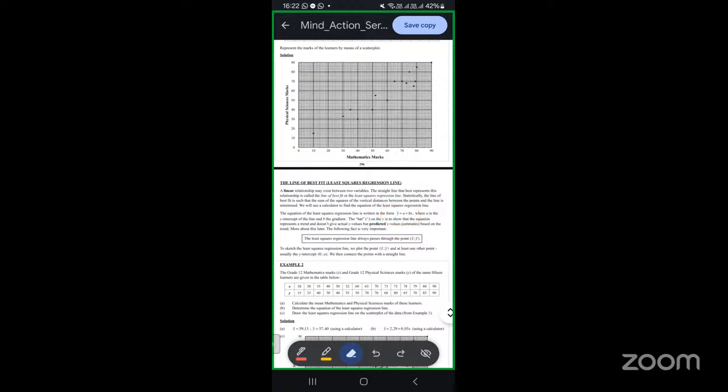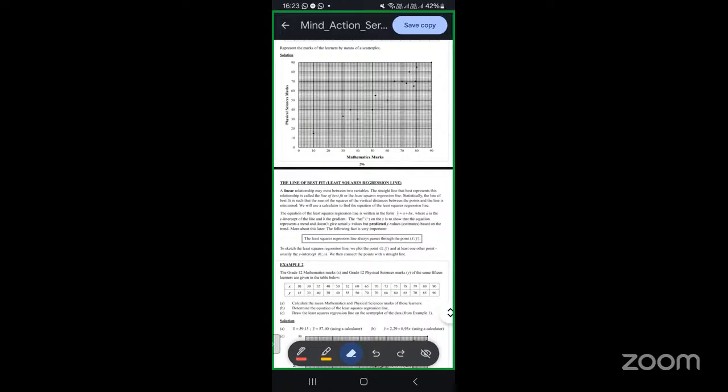And then they are saying that the constant in the equation is the y-intercept of the line, just like we know it from algebra. It doesn't change. And b is the gradient, since b is the coefficient of x. So even this b is the same as that m from algebra.